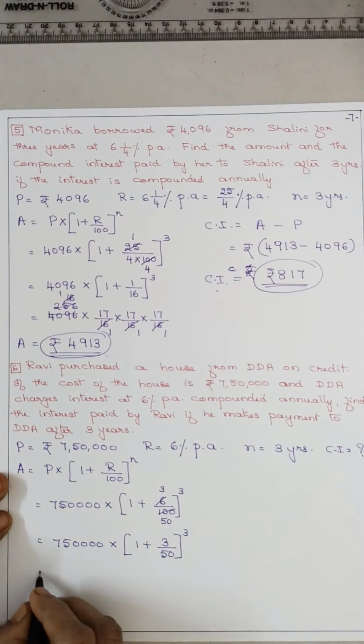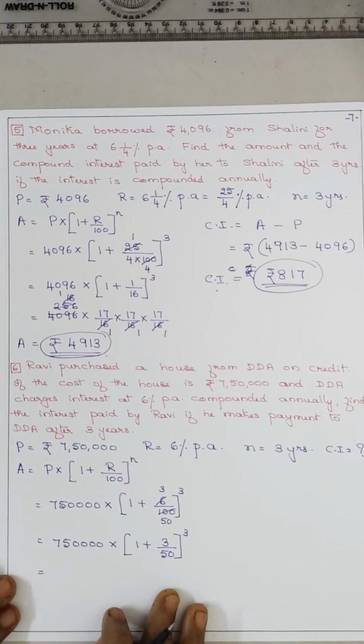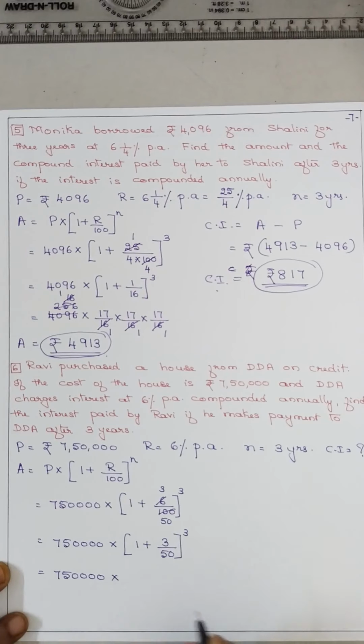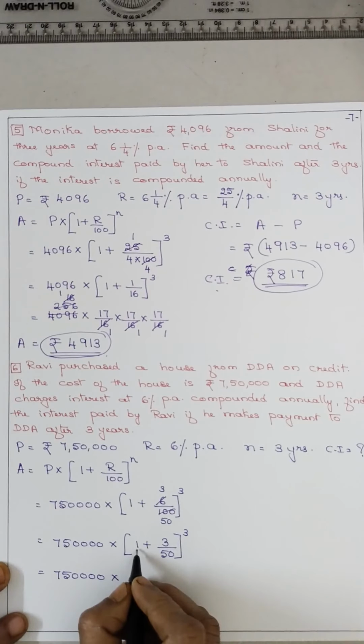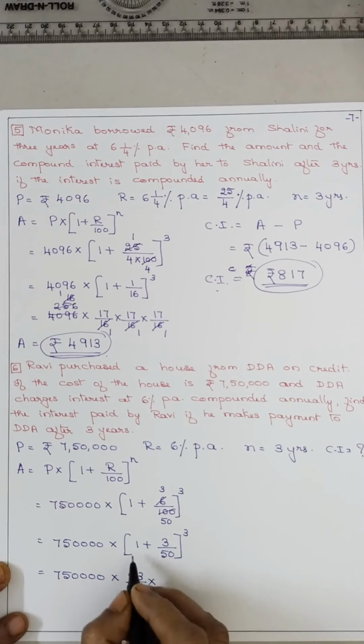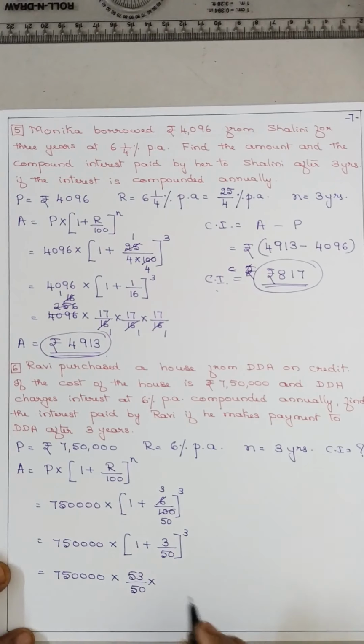Isn't it? समझ में आ गए सबको? अभी 7,50,000 इंटू ये 50 बनेगा, 50 प्लस 3 53. डिनोमिनेटर जो है वही ये नंबर आएगा 50 by 50.